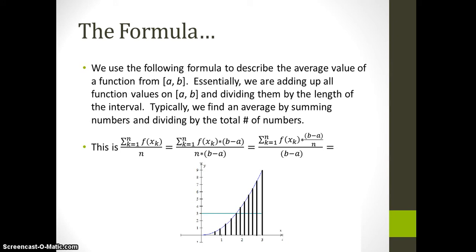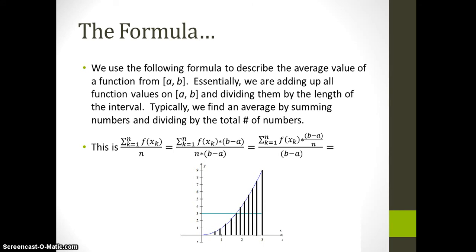The reason why I did that is so that I can rewrite our sigma notation as the sum from k equals 1 to n of f of x sub k times b minus a over n, leaving that second b minus a on the bottom. Well, you may recognize that first numerator part. That looks a lot like a Riemann sum, where we've got the function value representing the height of a particular rectangle and the b minus a over n representing the width of the rectangle.